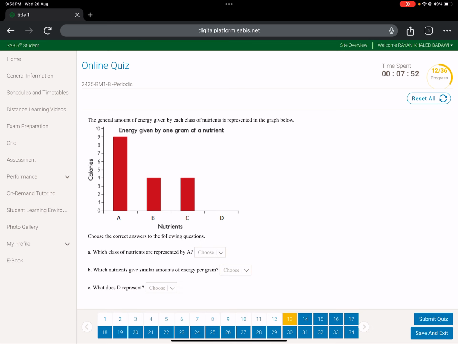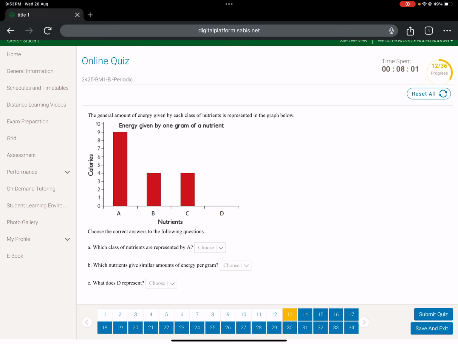Okay, this is a very important graph. The general amount of energy given by each class of nutrients is represented in the graph below. So immediately, we can see that A has the highest energy. Which class of nutrients is represented by A? We said the nutrient that has the highest energy is fats. Now, which nutrients give similar amounts of energy per gram? We can see B and C are similar, so it's going to be carbohydrates and proteins.